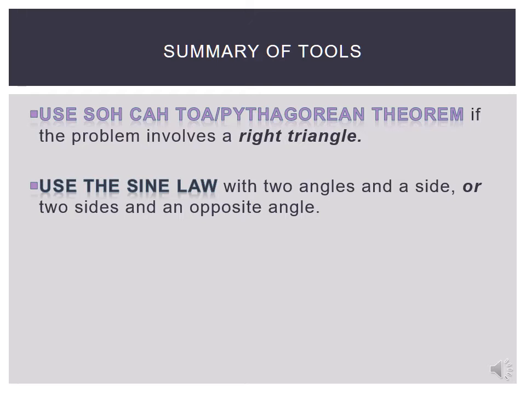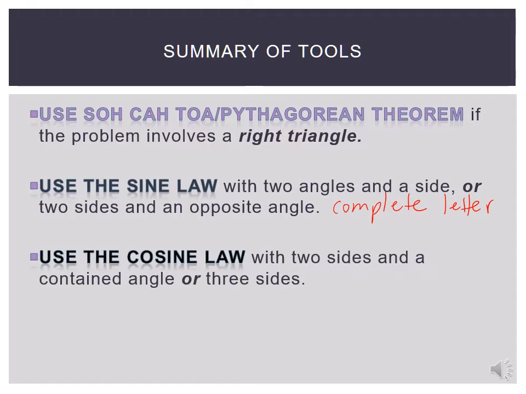Really, that just means, or when we did it together, you have a complete letter. So I'm just going to summarize that by writing a complete letter. And you use the cosine law with two sides and a contained angle, or it's the only one you can use if you have three sides with no angle.